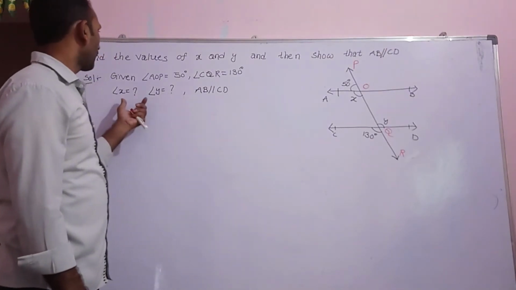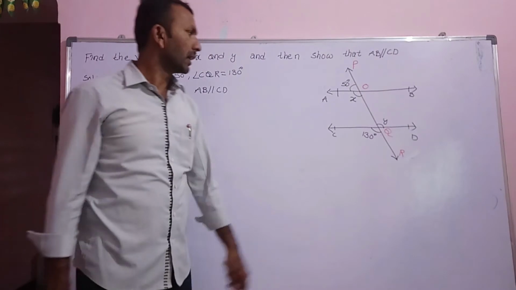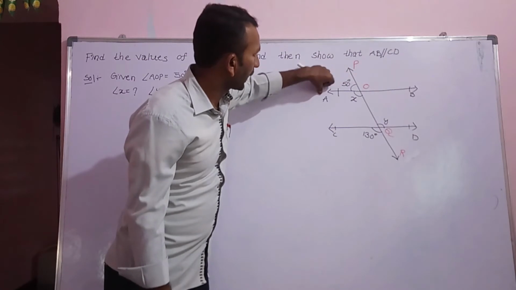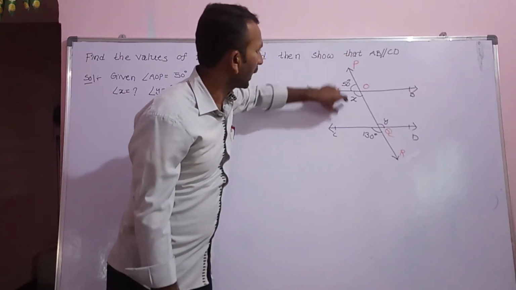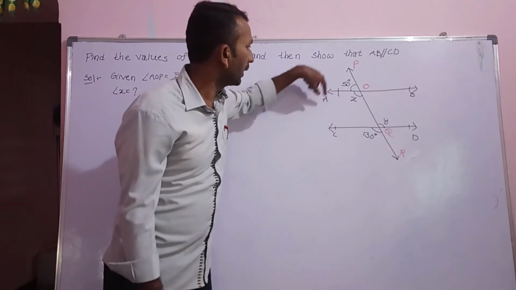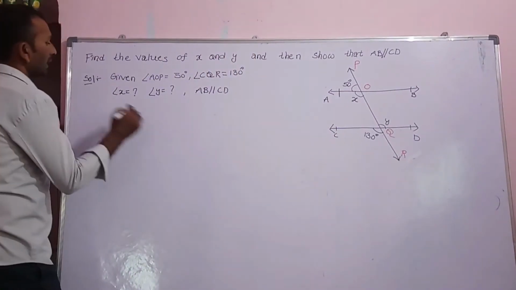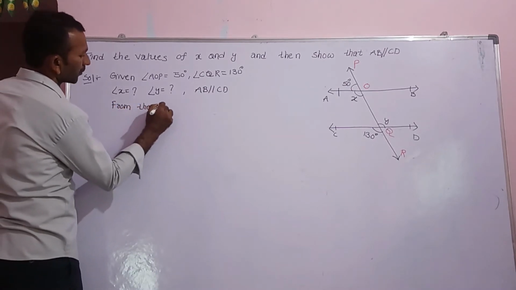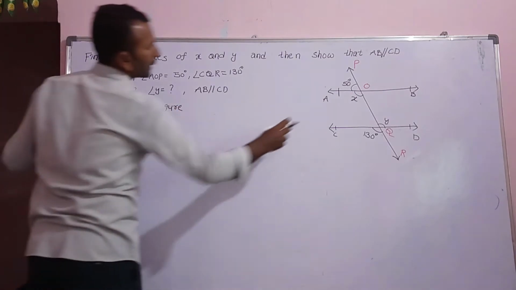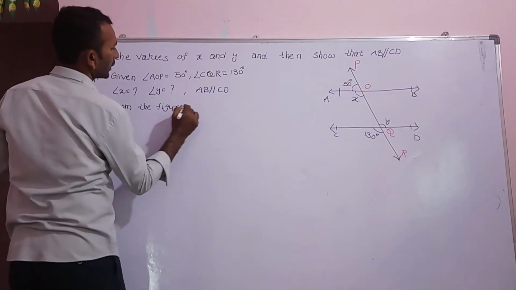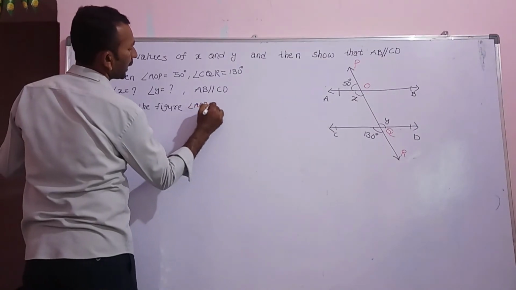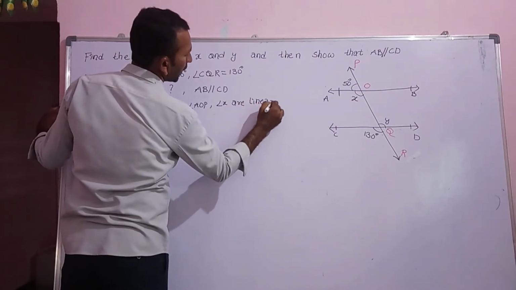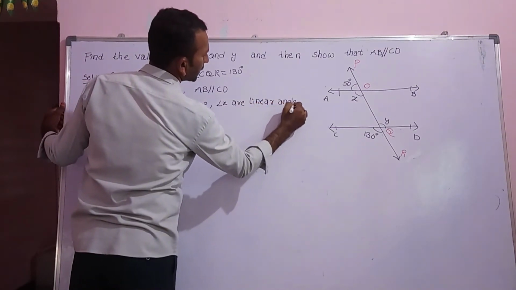So first find angle x and angle y. Look here, this is a straight line, and angle AOP and angle x are linear angles.